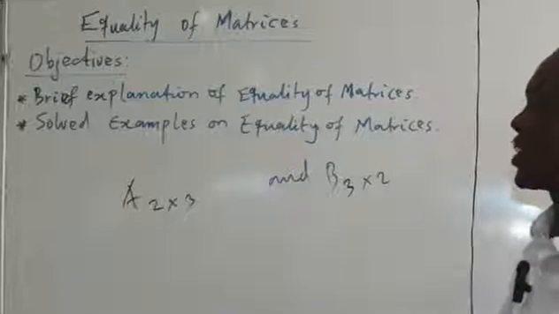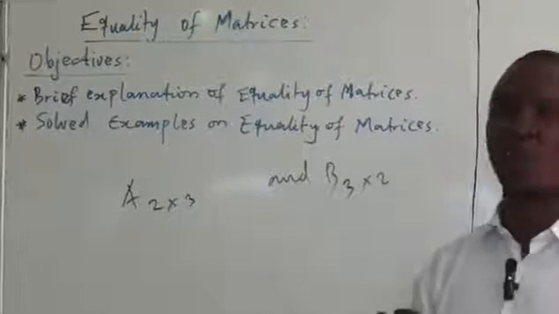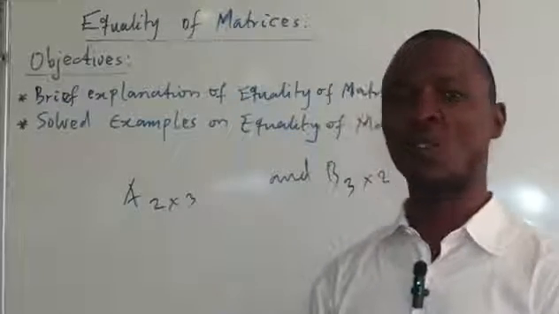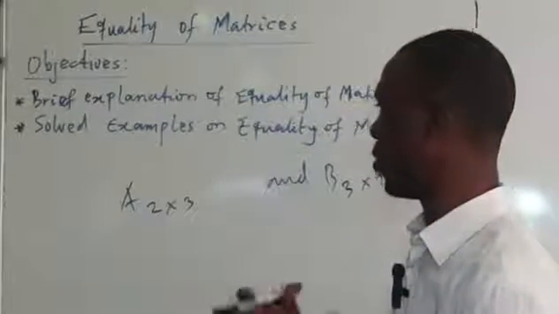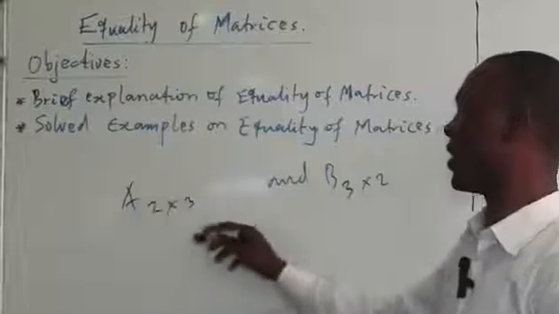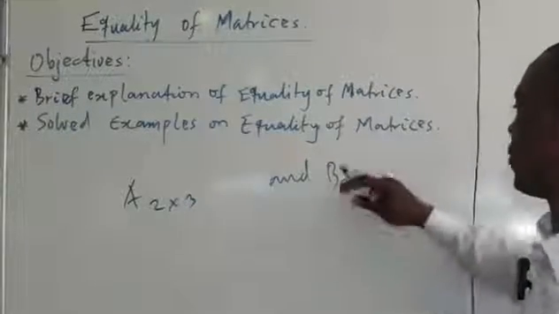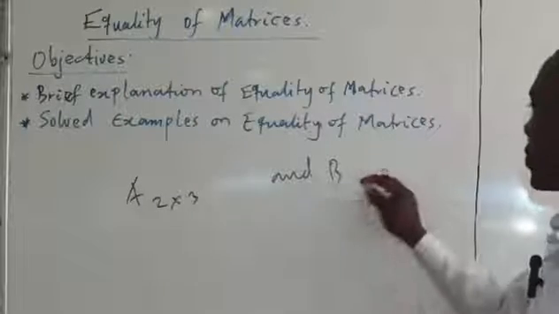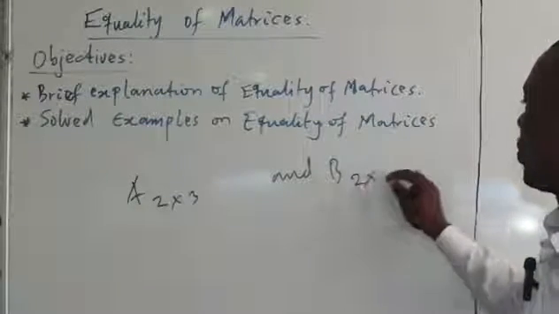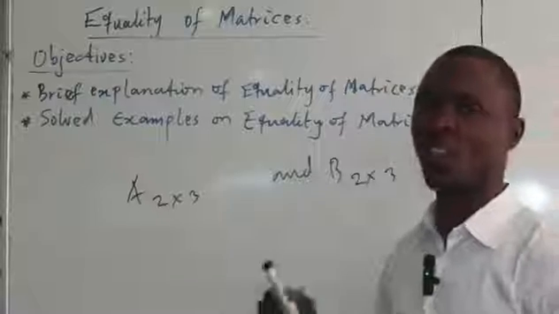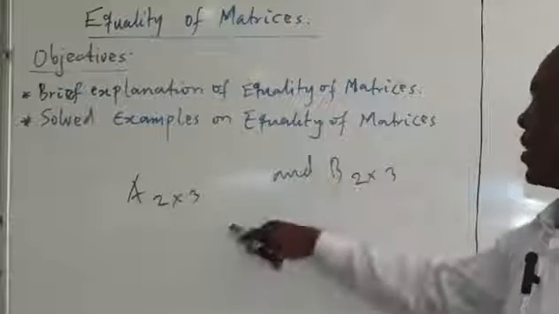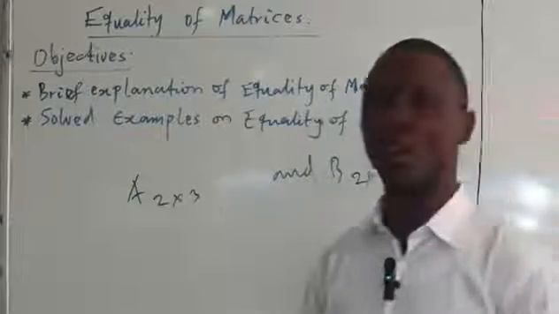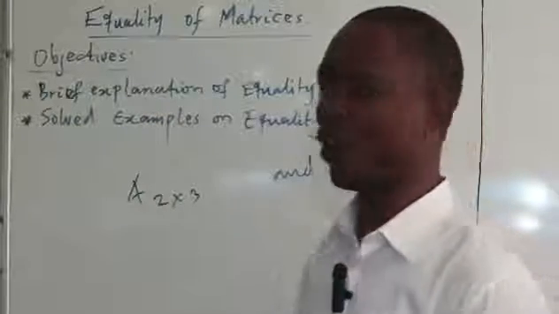So if matrix A is of order 2 by 3, then for matrix A to be equal to matrix B, B also must be of order 2 by 3, because their corresponding elements will be equal in this case. So that is that on the explanation of equality of matrices.